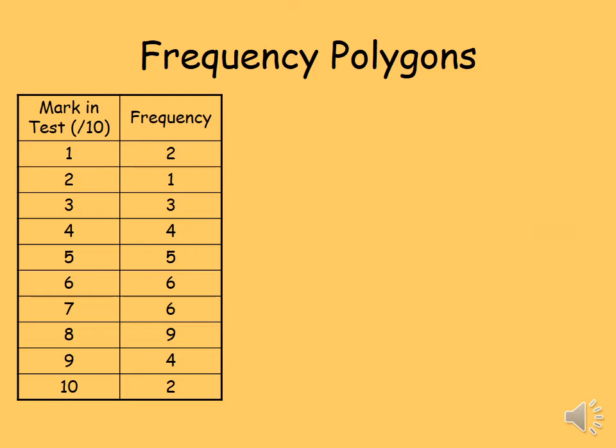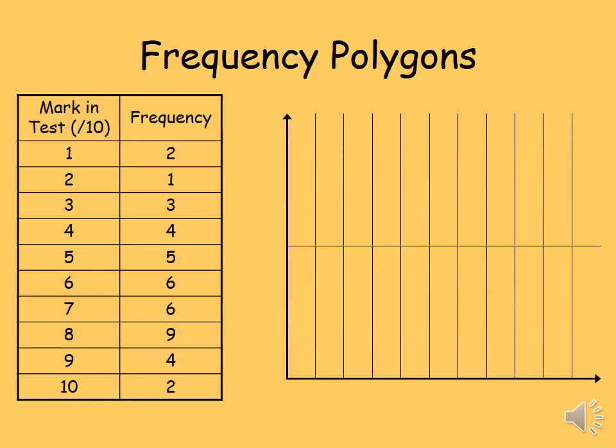So here it is again. We need to put that in a bar chart form. The marks are down there and the frequency is there. You'll notice I've only used 5 unit intervals.